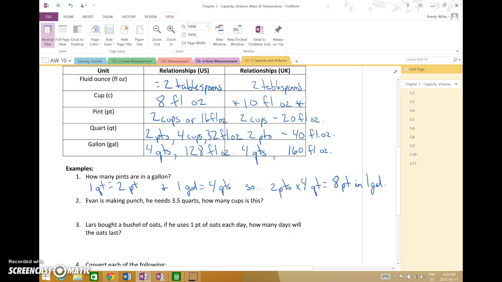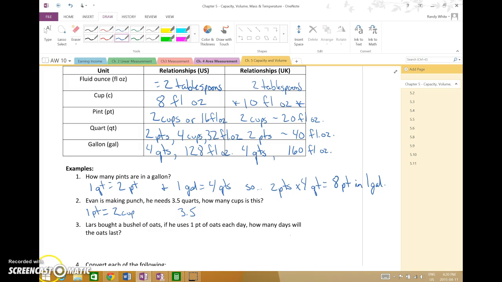Okay, Evan's making some punch. He needs 3.5 quarts. So how many cups is this? Well, 1 pint is the same as 2 cups. So if he's got 3.5, oh, we're doing quarts. I'm sorry. Okay, I'm back. I just erased the word. So we're doing quarts. So 3.5 quarts. Well, 1 quart is the same as 4 cups.